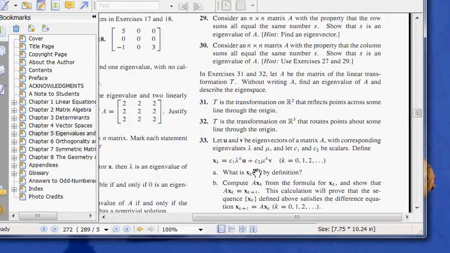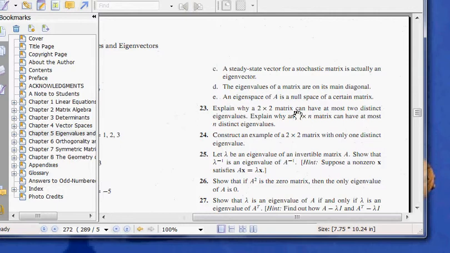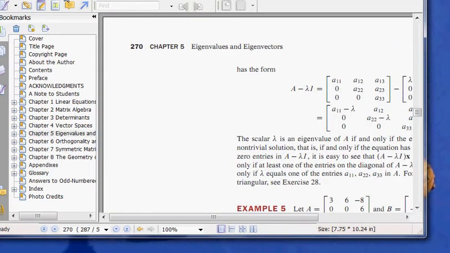C. A steady state vector for a stochastic matrix is actually an eigenvector. That one I'm a little unsure of actually.